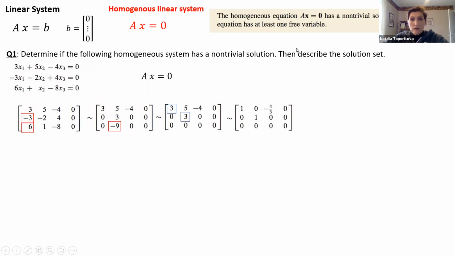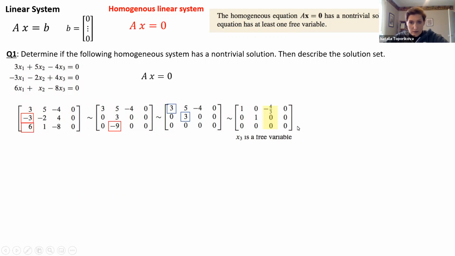Going back to our theorem, we seem to be pretty lucky here. Our third column doesn't have a pivot element, so we have a free variable. Our third variable, x3, is a free variable, so the solution exists. It's guaranteed by the theorem.